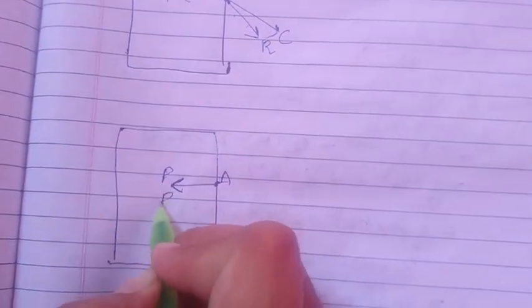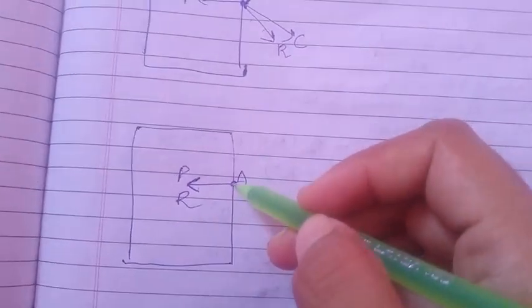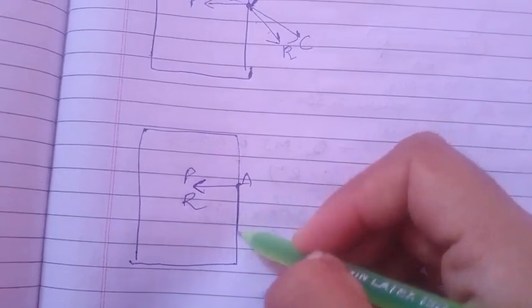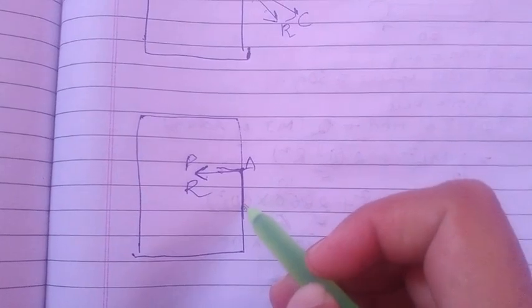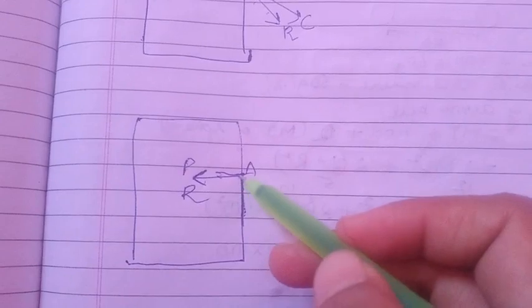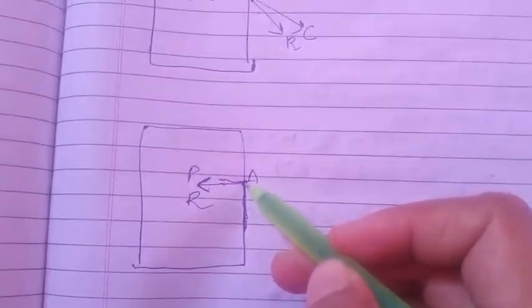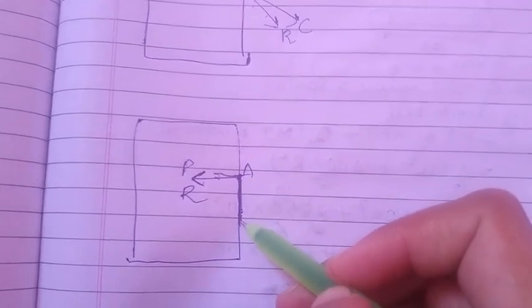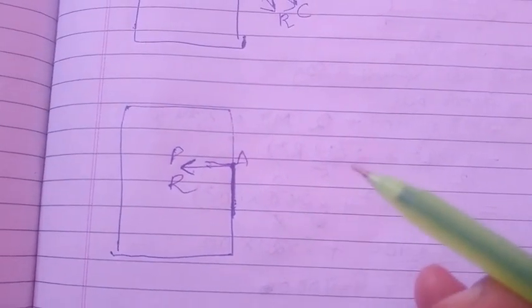If we draw a tangent here, it lies on the solid surface itself. According to the definition of angle of contact, the angle between the solid surface and the tangent is the angle of contact. Here the tangent overlaps the solid surface, so there is zero angle of contact. In such cases, the liquid completely wets the solid.